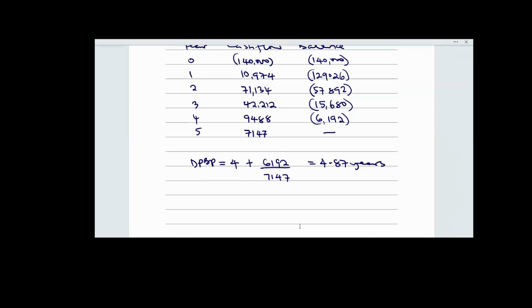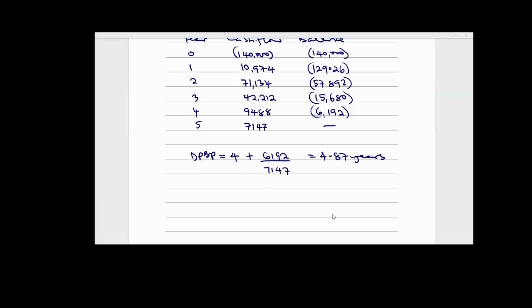Now, let's go back to the question. Requirement number B: on the basis of NPV, advise if the project should be considered.